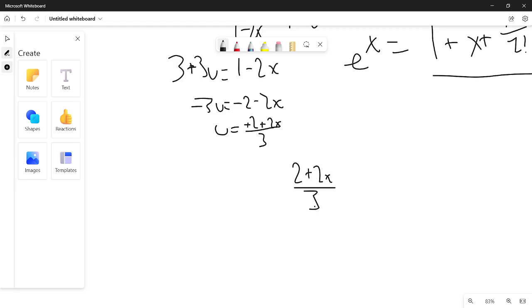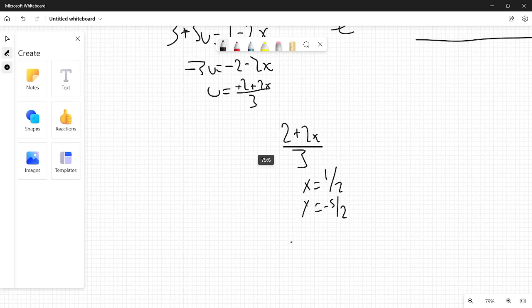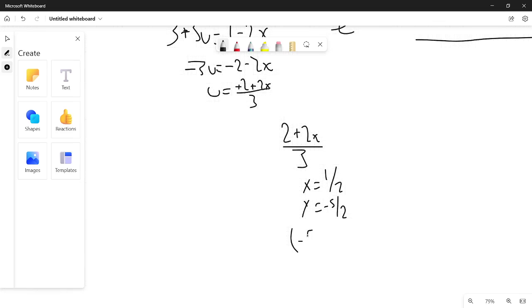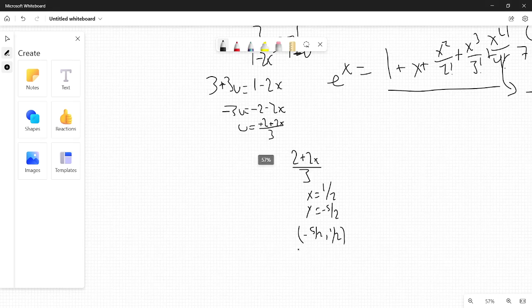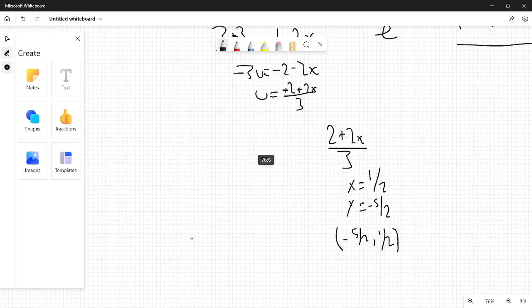In this case, we're looking for x equals 1/2, and less than, well, 2x is going to have to be less than negative 1, so 2x is going to have to be negative 5, so it's going to be negative 5 over 2. Mr. Fisher said you can write the interval in a form like negative 5 over 2, 1/2, just showing the range. It's exclusive, of course, because it can't be 1.